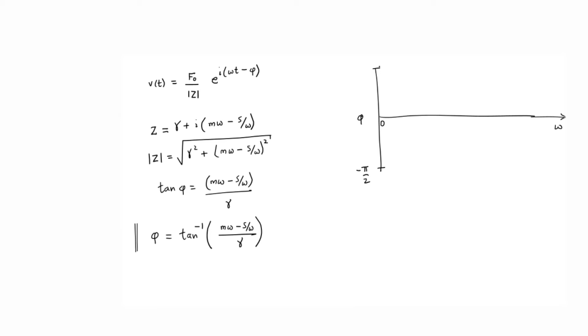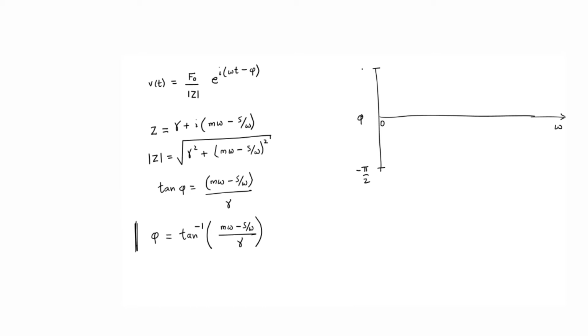As omega tends to infinity, this expression will again be dominated by m omega, because s by omega would tend to 0 and m omega would tend to infinity. So, tan inverse of infinity would be pi by 2.